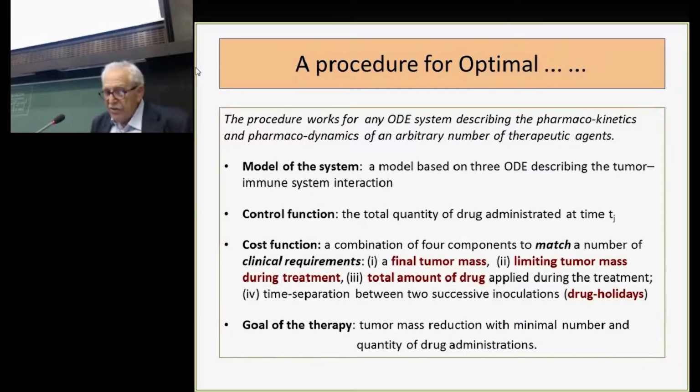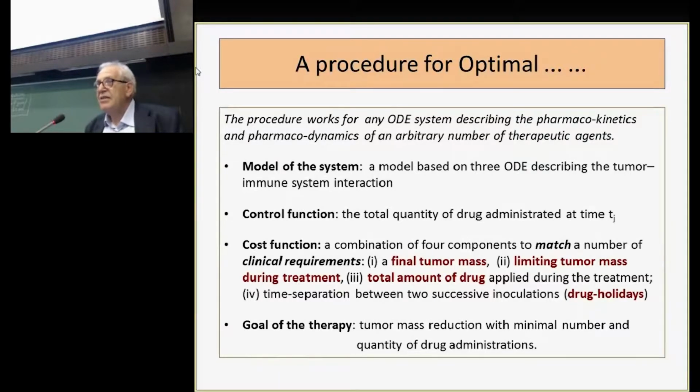And the cost function, they did consider some clinical requirements, the final tumor mass. There's a control function to limit the tumor mass during the treatment. So they try to say that tumor mass cannot grow up to a certain level during the treatment. The total amount of drugs applied during the treatments, and what is called the drug holiday.